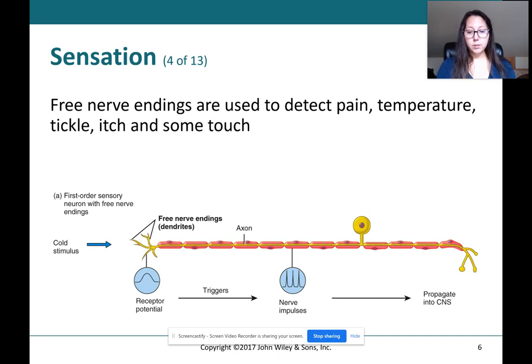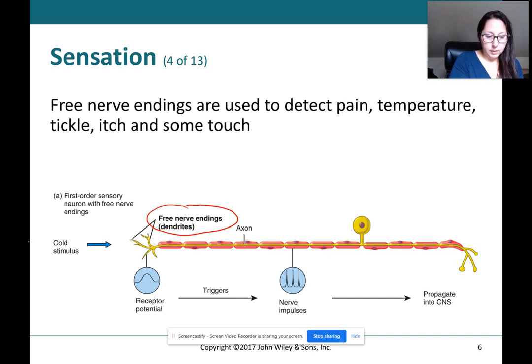Three nerve endings are used to detect pain, temperature, tickle, itch, and some touch. The nerve endings sometimes might be a little bit different. They don't always look like this. This is an example of free nerve endings, which is one type. And those nerve endings are kind of just reaching out into the tissue in which they are going to, probably in the skin here, because it looks like they're sensing cold.